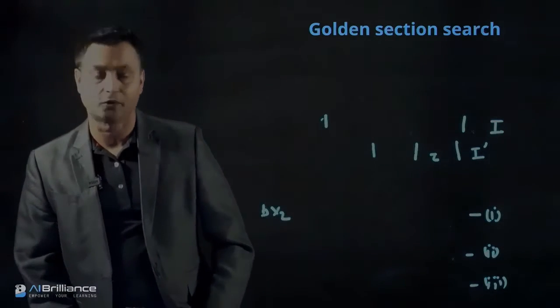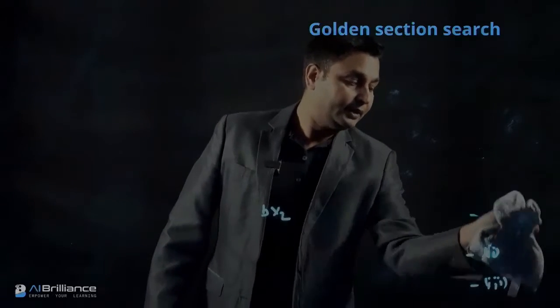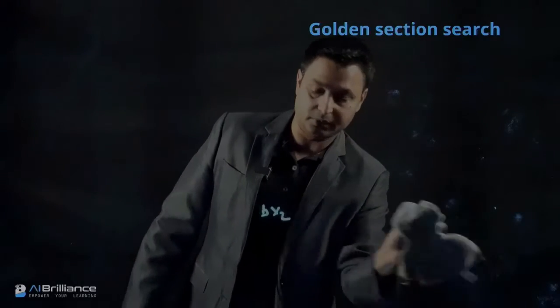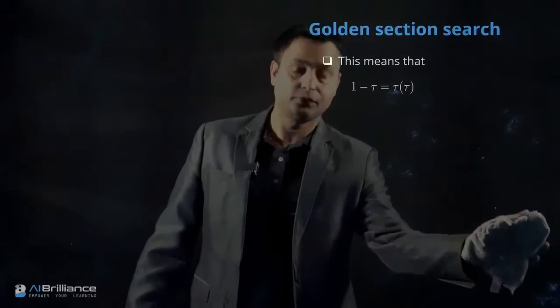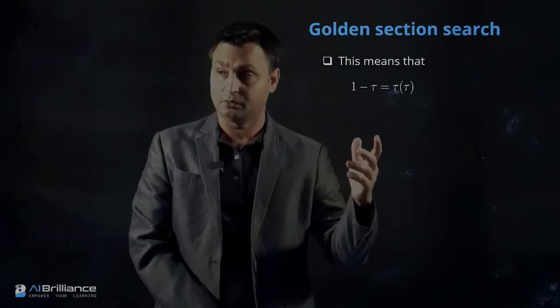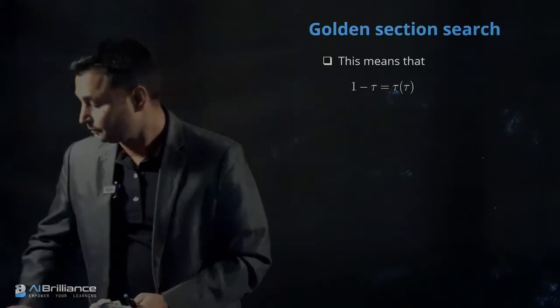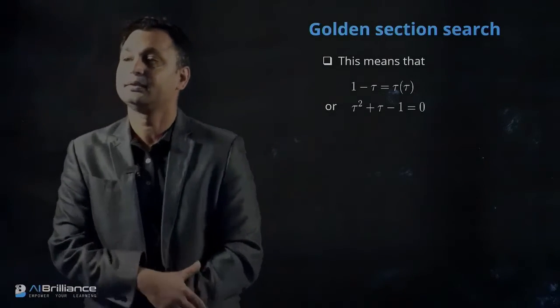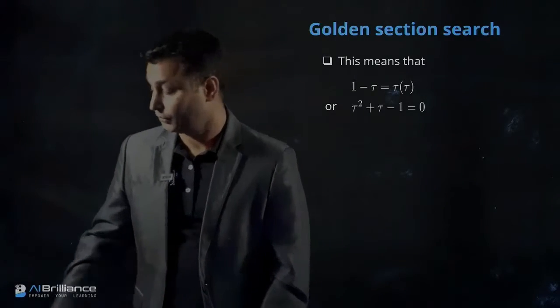If I move forward to the next slide, from the equations that we have previously, we can write this overall equation, which is 1 minus tau is equal to tau times tau. I have cancelled out I and I from the previous equation 3. Then from there I get this equation, which is tau square plus tau minus 1 is equal to 0.